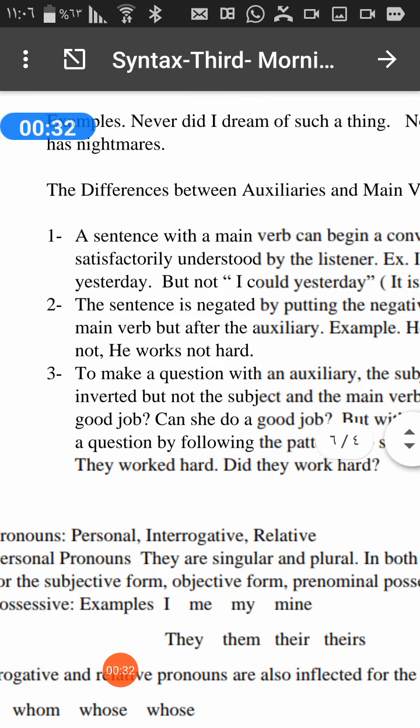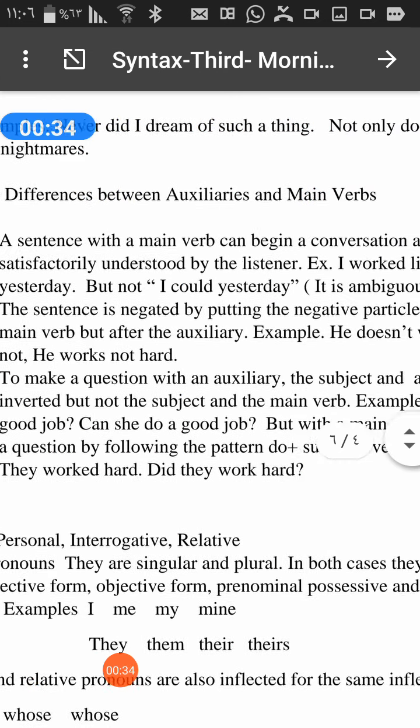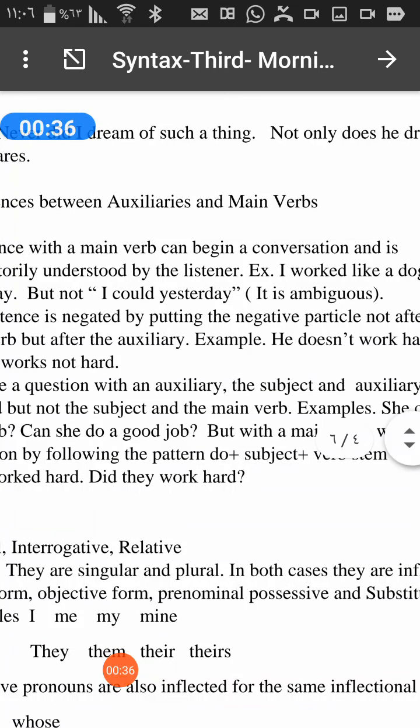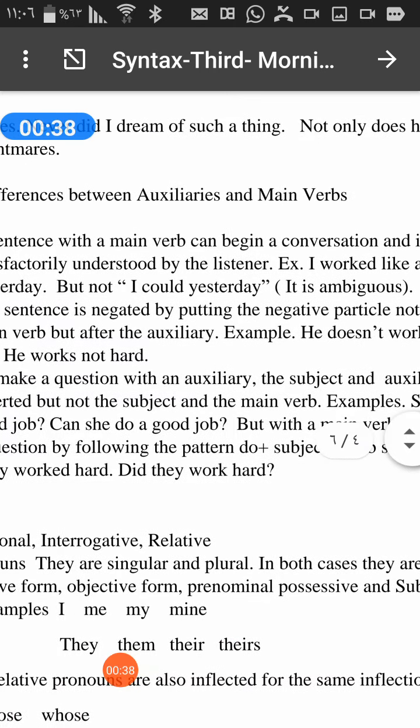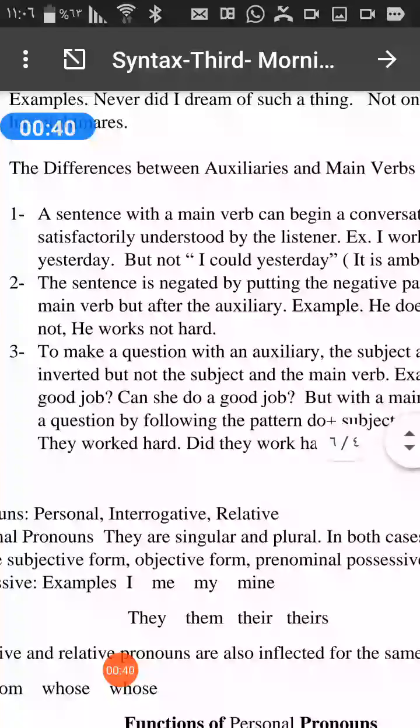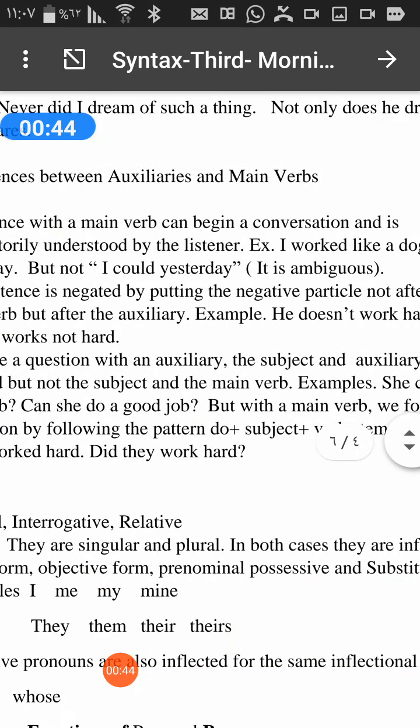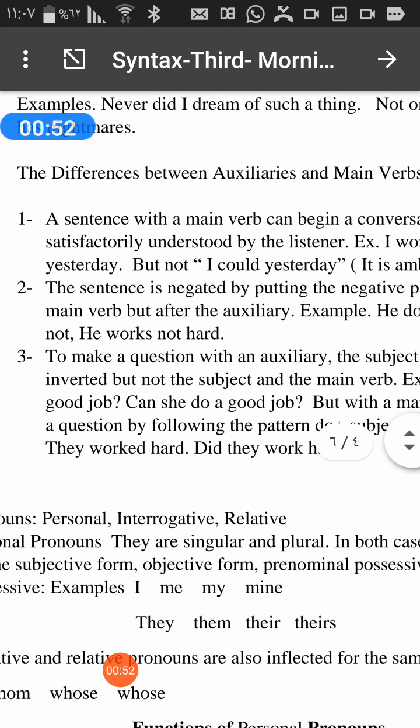Yes, the first difference الاختلاف الأول, a sentence with a main verb can begin a conversation and is satisfactorily understood by the listener. الجملة اللي تبدأ بالفعل الرئيسي في المحادثة the conversation تعتبر جملة مفهومة للمستمع.